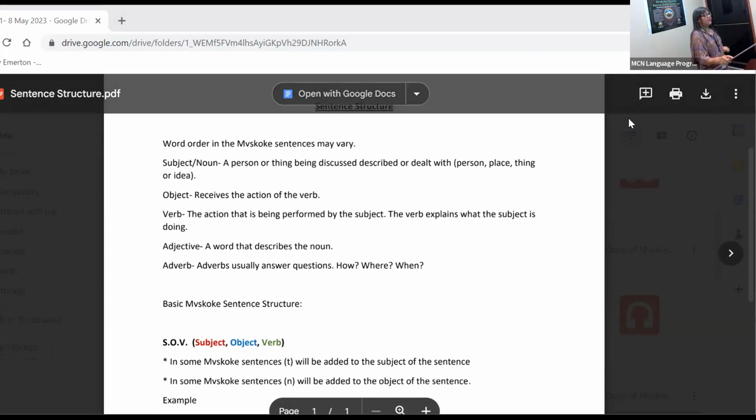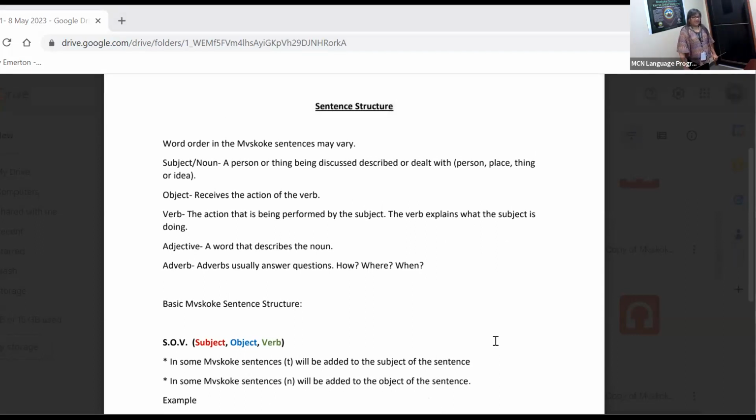Like I said, we're still going through some of our sentence structure. There's a lot out there. Not everybody does things the same. So I'm trying to weed our way through all of the different ways of doing things and teaching, and I'm trying to share with you some of the easiest ways I can think of to help us learn and go forward.